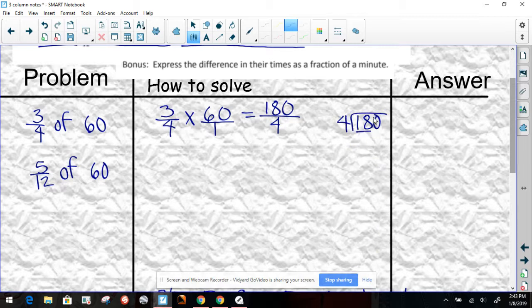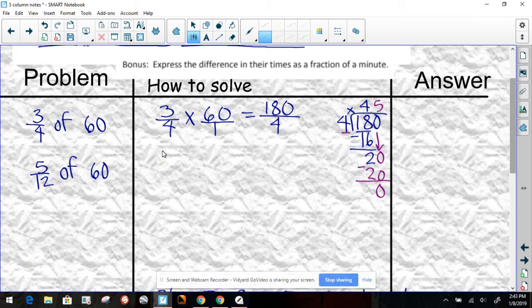We know that the 4 goes into the 18 4 times. 4 times 4 equals 16, and you have a remainder of 2. Now we're going to lower the 0 to the basement. And we know that the 4 goes into the 20 5 times. 5 times 4 equals 20. And the remainder is 0.